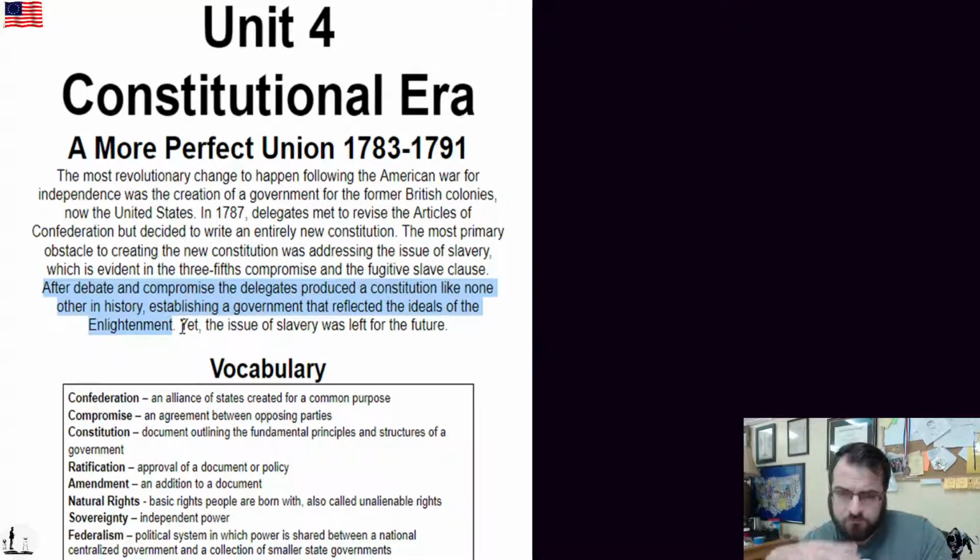So all the ideas of we can be better. Let's base it in science. Let's base it in reason. Let's base it in equality to a large extent. Yet the issue of slavery was left for the future.